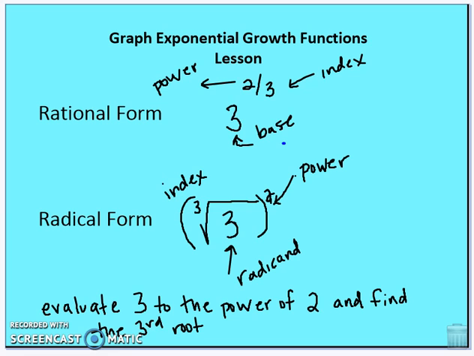So both of these expressions request the same mathematical operation: you're going to evaluate 3 to the power of 2 and then find the third root of that value. And it actually doesn't matter which order you go in. You can take the third root of 3 and then raise that value to the second power, and you'll end up with the same answer.